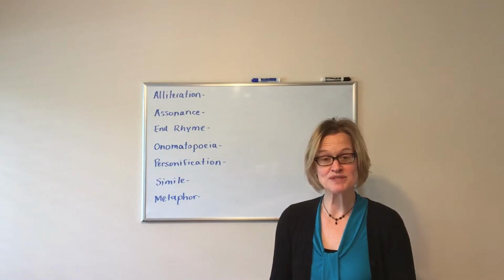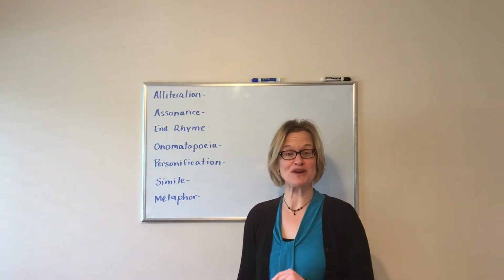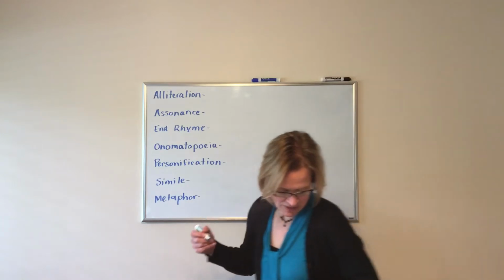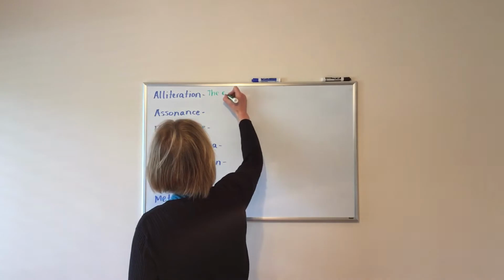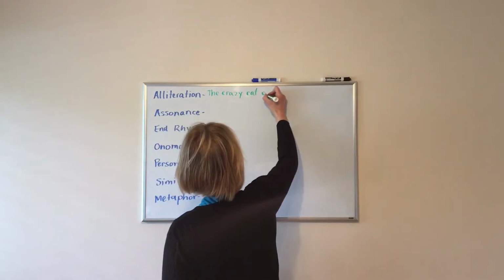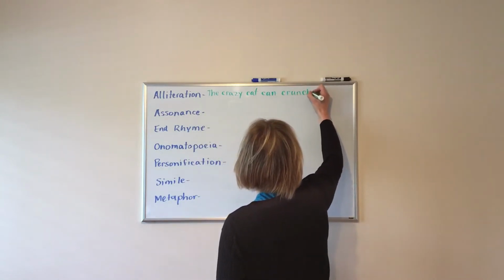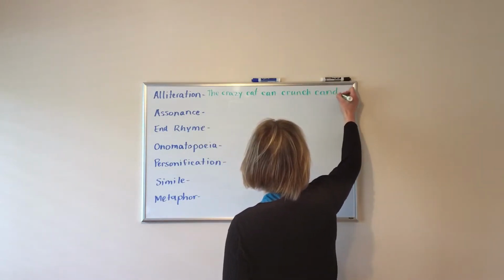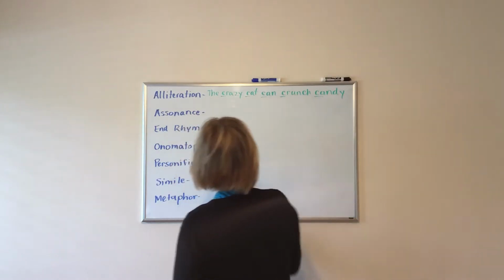So I'm going to write my example, and then you are responsible for writing yours. I put down, the crazy cat can crunch candy. So I have my C.